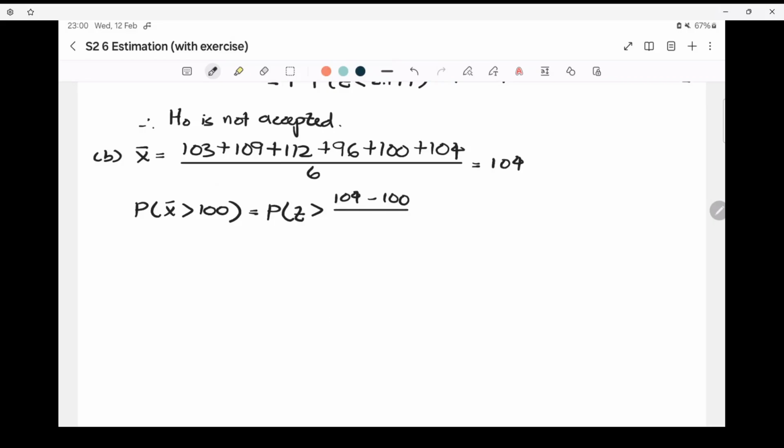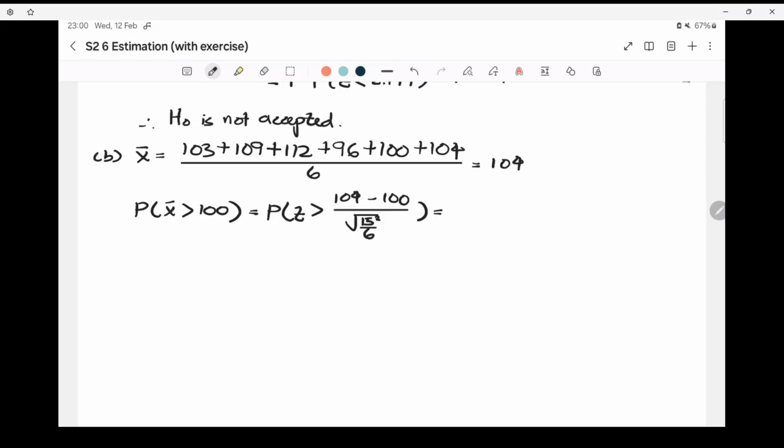The variance is given to you. The population variance is given to you. So what you need to do is to just use it. So this is square root of 15 divided by how many samples? You have 6. Sorry, 15 squared, because the one that they give you is the variance.